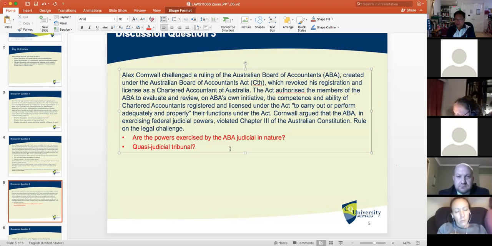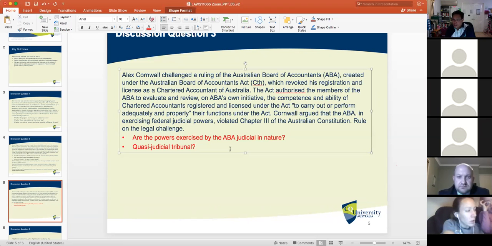So going back to the first, is there an actual controversy? No, because it clearly says here it is on the ABA's own initiative. So there is no actual controversy. Which leads us to that second question, which is actually moot then, whether or not the ABA is able to make a binding, final and conclusive decision.